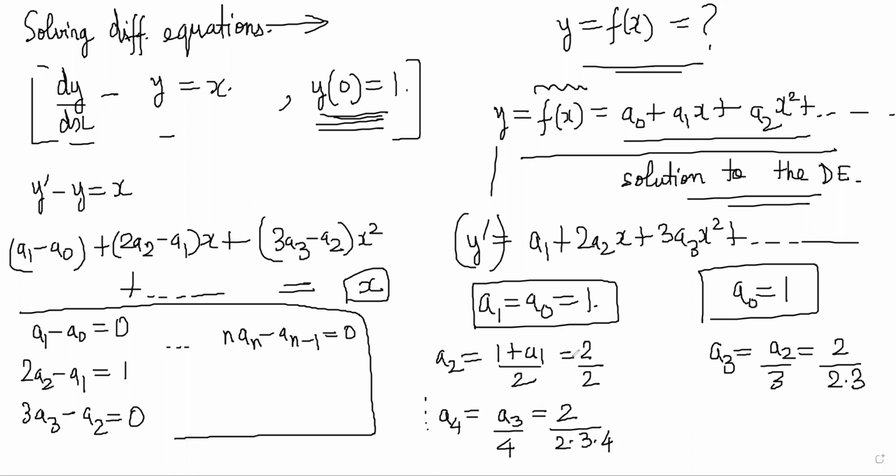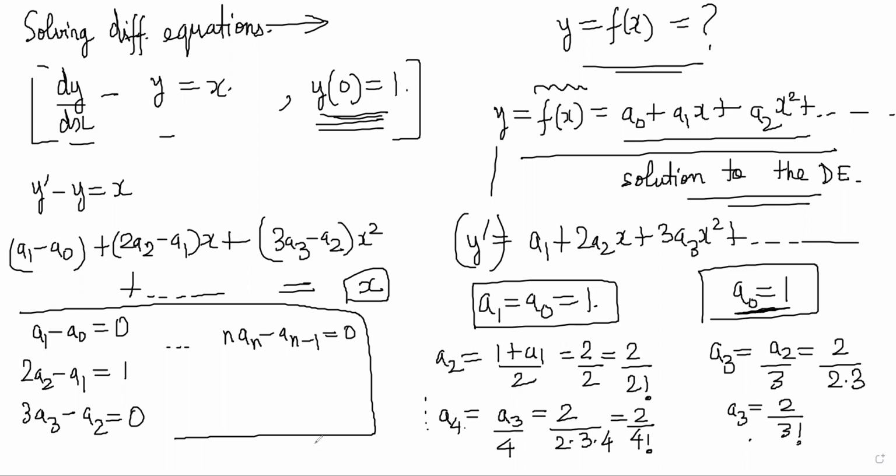So you are noticing a pattern. a2 is becoming 2 by 2 factorial, a3 is becoming 2 by 3 factorial, a4 is becoming 2 by 4 factorial. So what we get is all the coefficients: a0 is 1, a1 is 1, and after that a2 is 2 by 2 factorial, a3 is 2 by 3 factorial, a4 is 2 by 4 factorial.